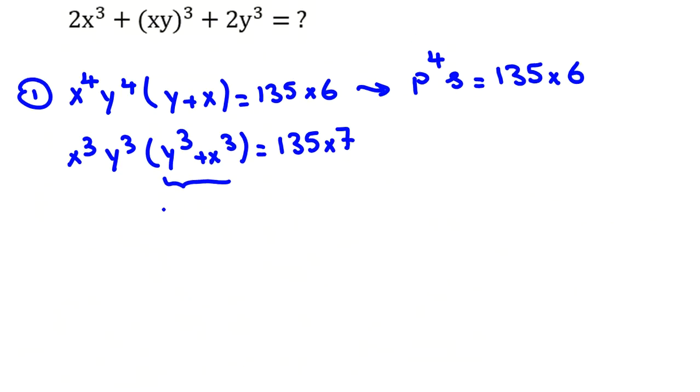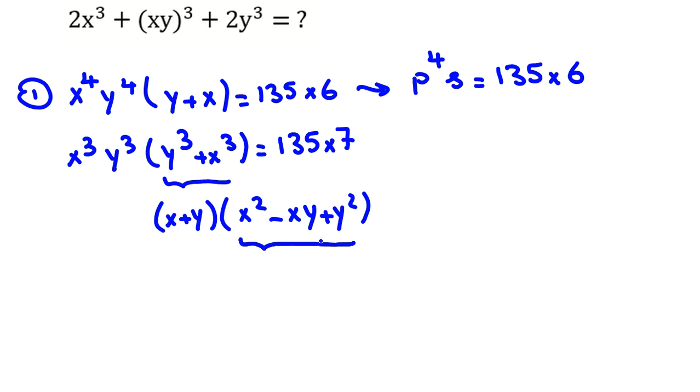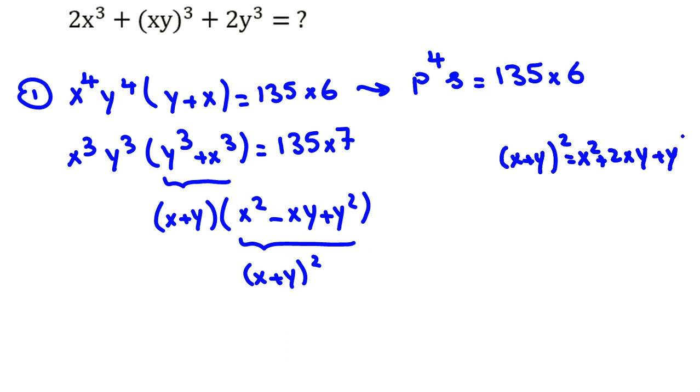If I use this, it will be x plus y times x squared minus xy plus y squared. And if I also want to write it as sum, it is x plus y squared. X plus y squared is what? Let me write it here. It is x squared plus 2xy plus y squared.